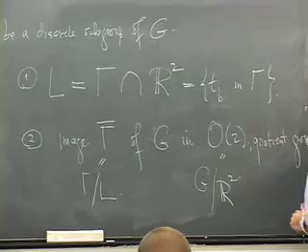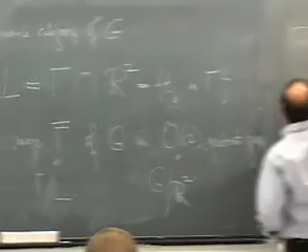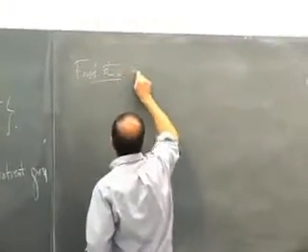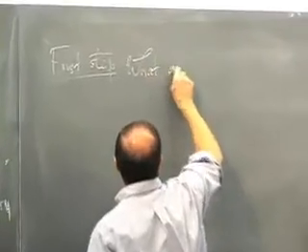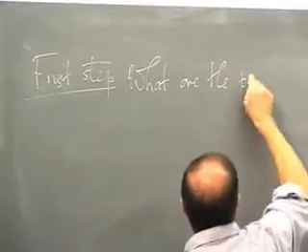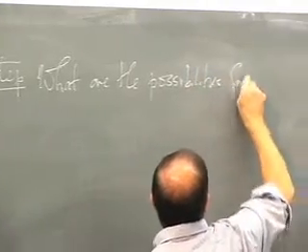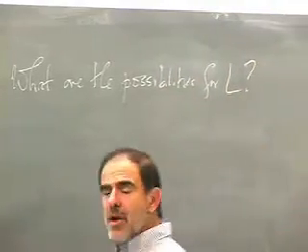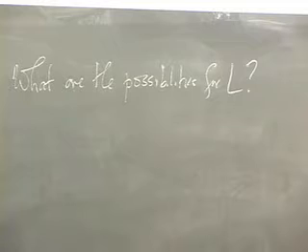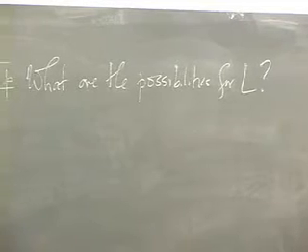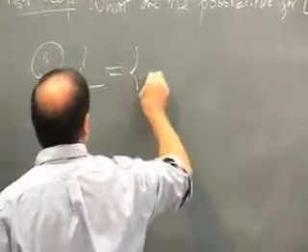First step. What are the possibilities for L? I claim there are 3 possibilities for L, and that's it. One is that L can be 0.